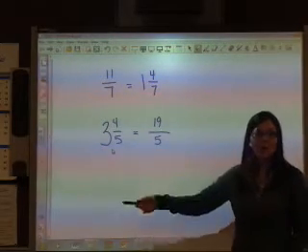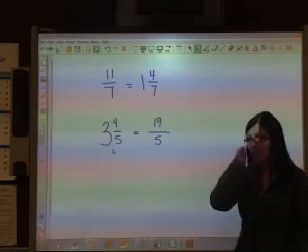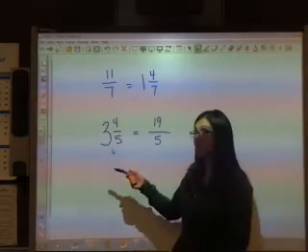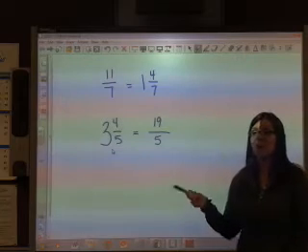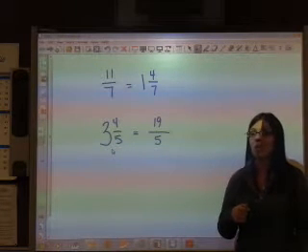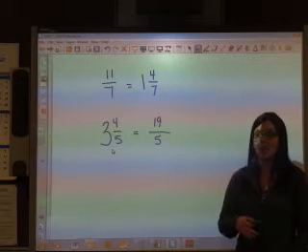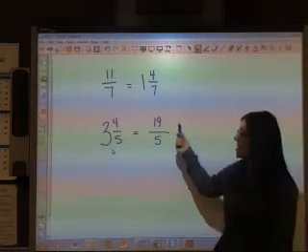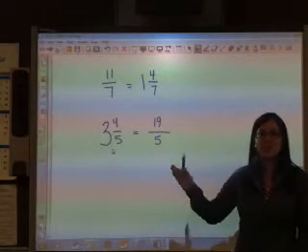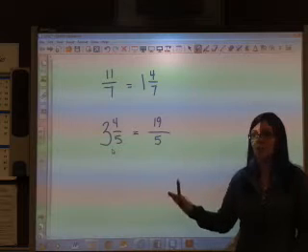Going back and forth between the two forms can be very useful. We went back and forth between the two forms when we had to add and subtract fractions, before we depended on a calculator to do it all. If I had to subtract fractions, a lot of times I put it into an improper fraction so I didn't have to worry about that whole idea of borrowing.